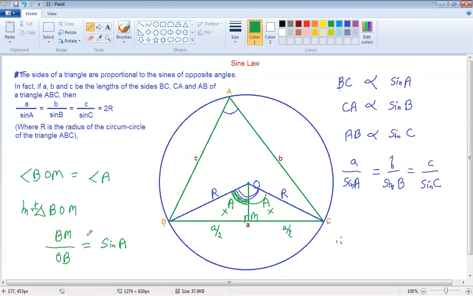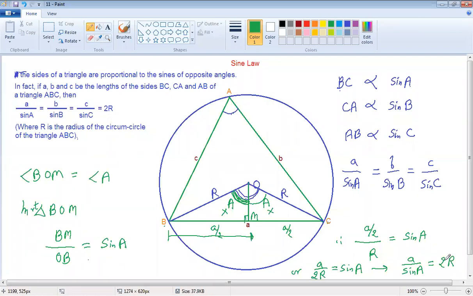So that means, what is the length of BM? BM we have seen is equal to a by 2. And what is OB? OB is the radius, capital R. This is equal to sine A. Or you can say a upon twice R is equal to sine A. Interchanging the numerator of the right hand side with the denominator of the left hand side, we get a upon sine A is equal to twice R. Is this much understood?